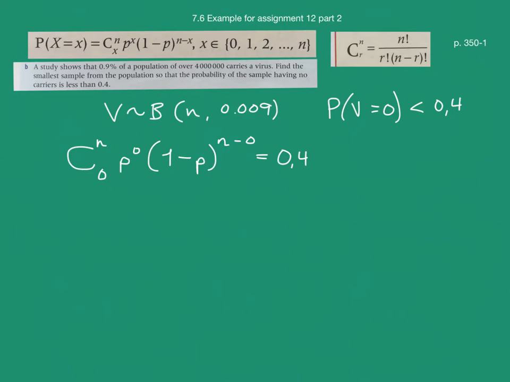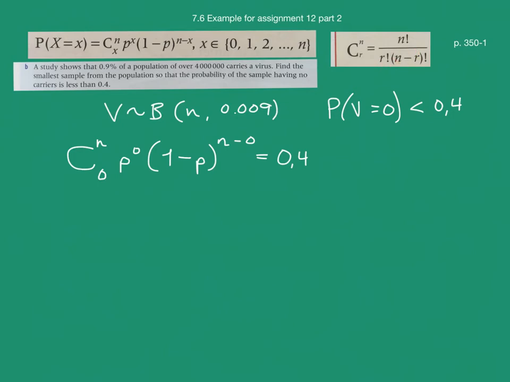And I'm just setting it equal to now because we want to find the limit, the point where there are 0 carriers. Now, we can translate this bit here into what we have up here, right? So n factorial divided by r factorial and so on.